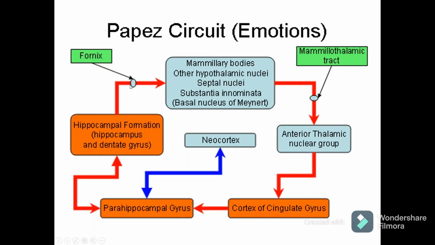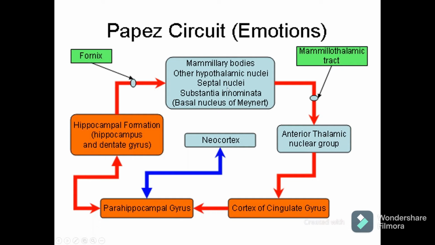We start from the fornix. The fornix is the main projection from the hippocampus, uncus, and amygdala. From the hippocampal formation, it will go to the mammillary body.